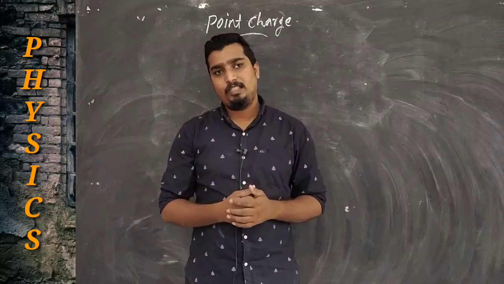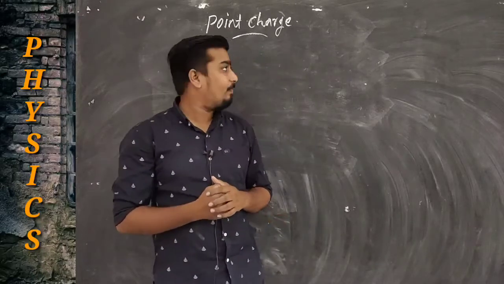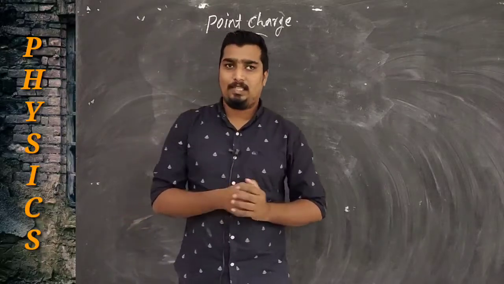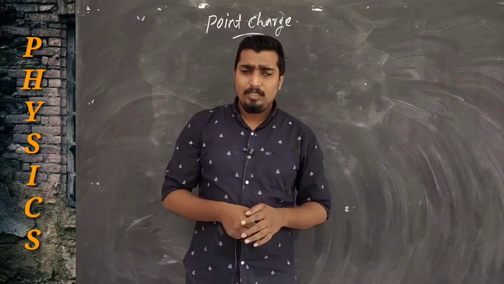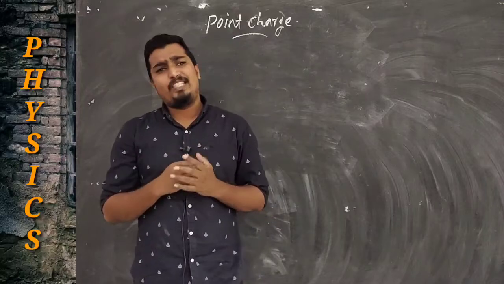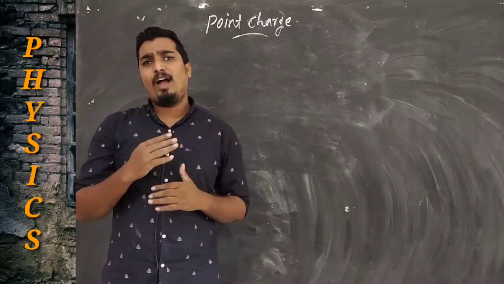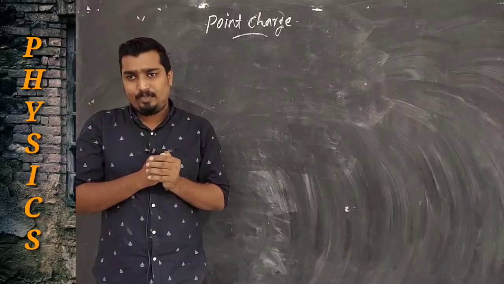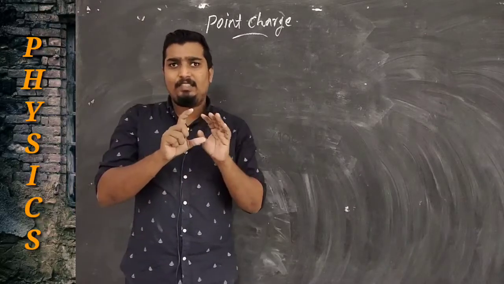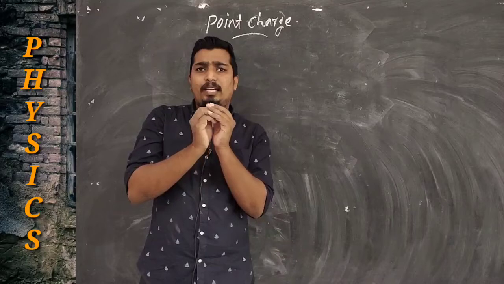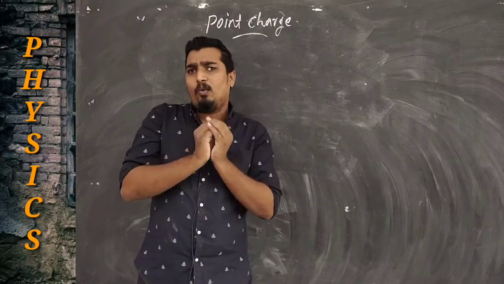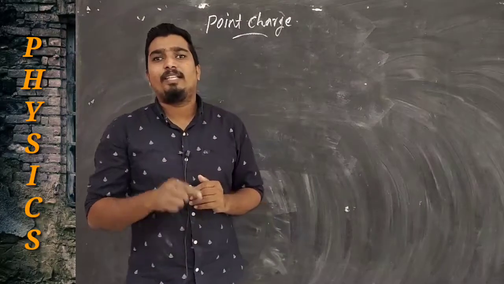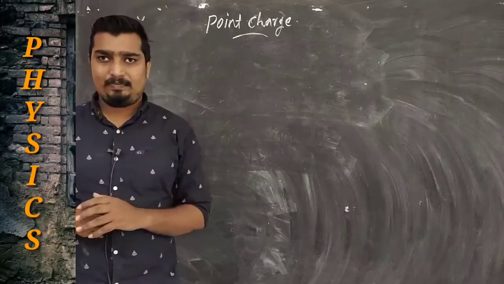First one is point charges. Listen, if an electric charge is confined to an extremely small volume, it is called a point charge.